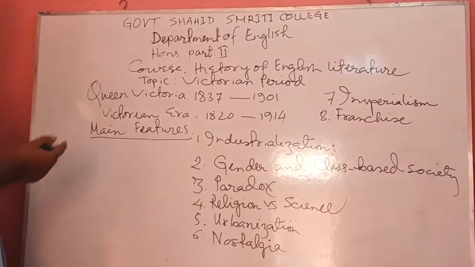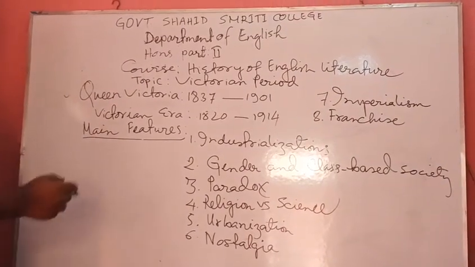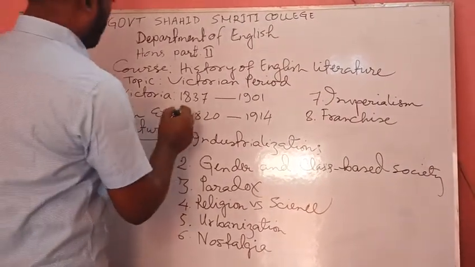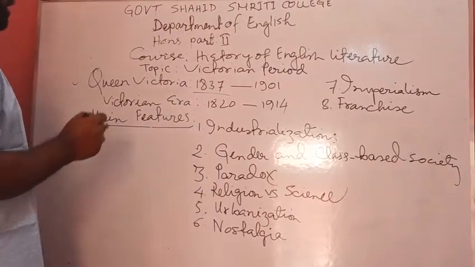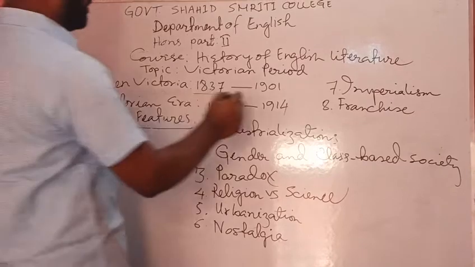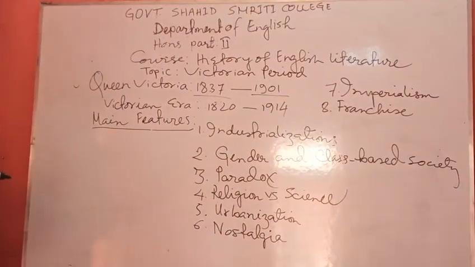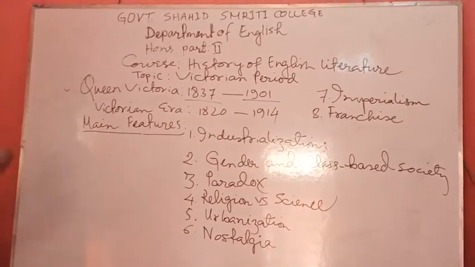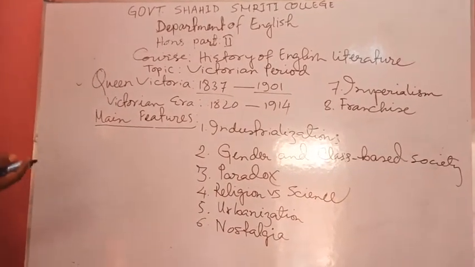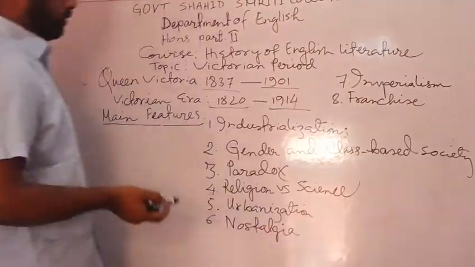The age is named after Queen Victoria. She ascended the throne of England in 1837 and her age continued till 1901. But the Victorian age is commonly considered as ranging from 1822 to 1914.